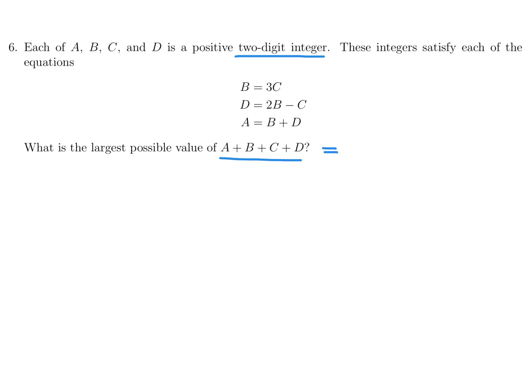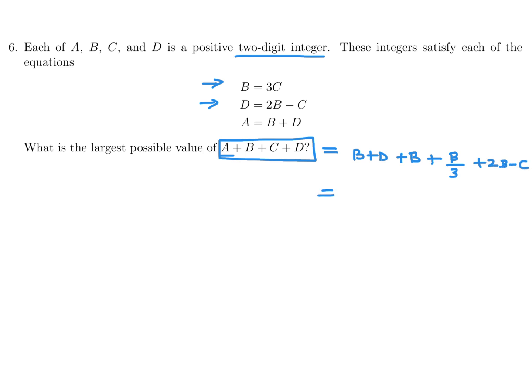Okay, let's see. So a plus b plus c plus d, well, a is b plus d, so let's put that in there. B, let's keep b for now. C, according to this, would be b over 3. And d is 2b minus c.